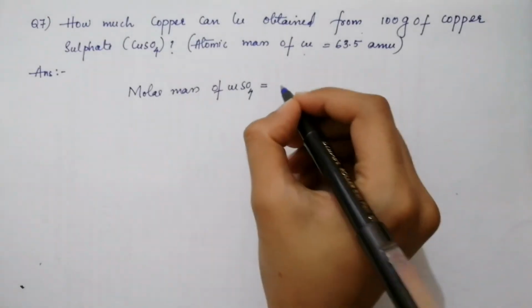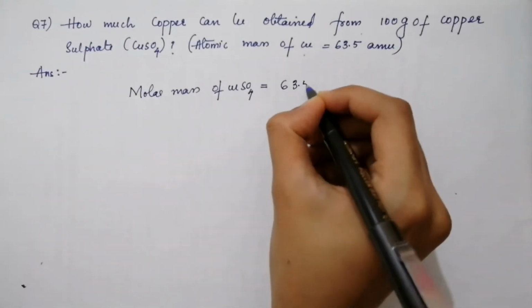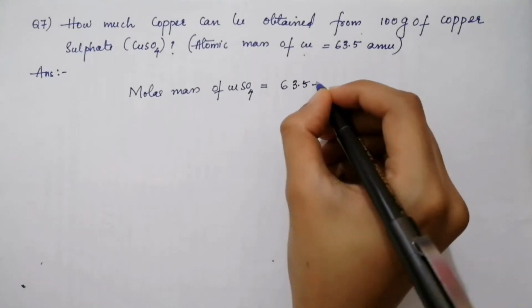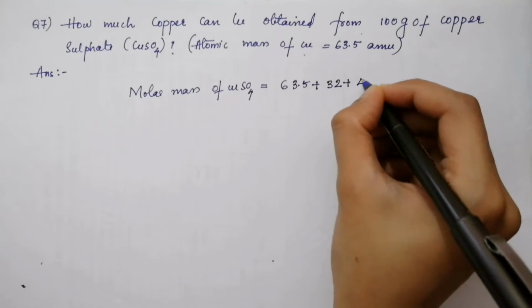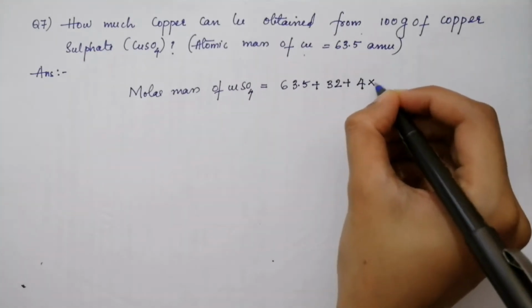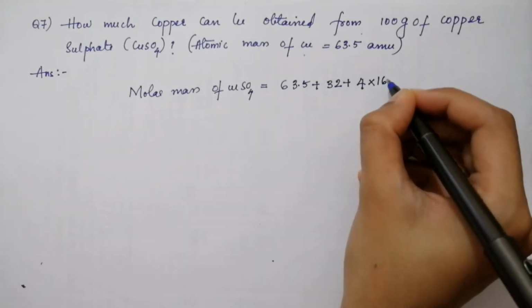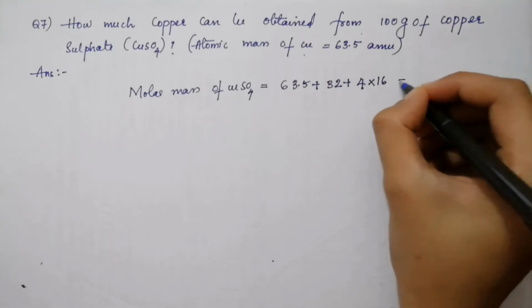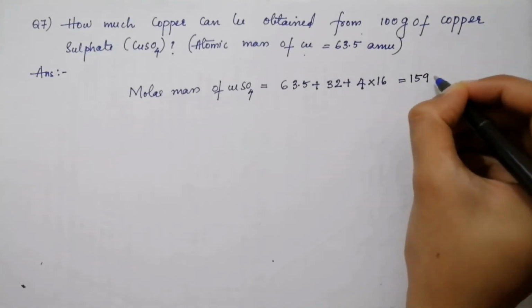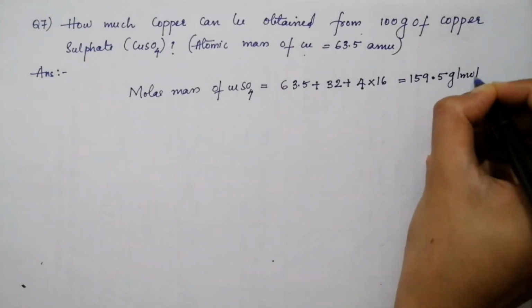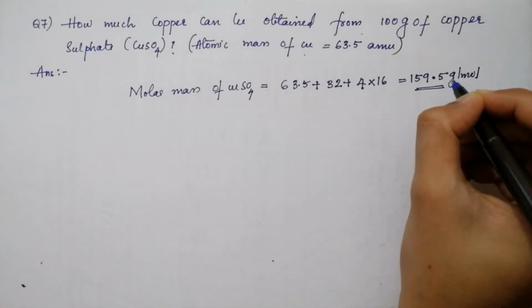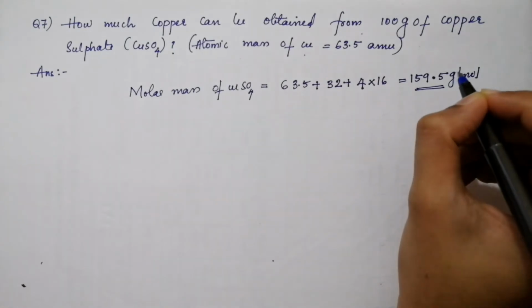That is, the atomic mass of copper is 63.5, which is already given. Then sulfur, we know that is 32. And we have 4 atoms of oxygen, so we multiply 4 into 16, that is the atomic mass of oxygen, which gives us 159.5 gram per mole. So, this is the molar mass of copper sulfate.